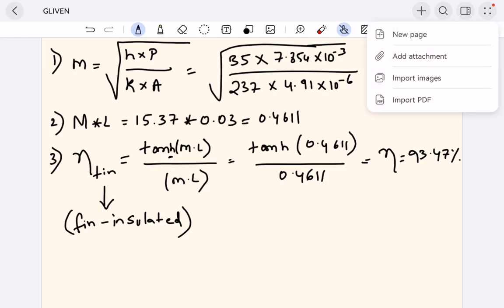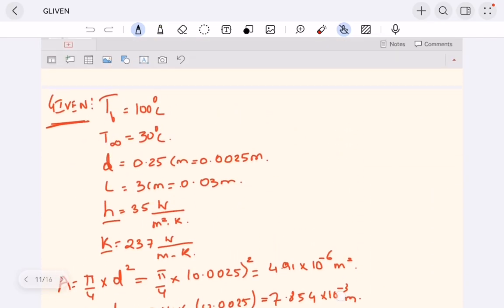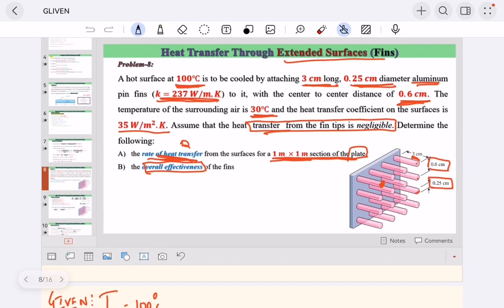The next set of steps contain how we can determine the overall efficiency of the fin. Now remember that it's a plate, right? We only know the dimensions of the fin. We are not sure how much is the length of this plate and how much is the height of this plate and how much is the thickness of this plate.